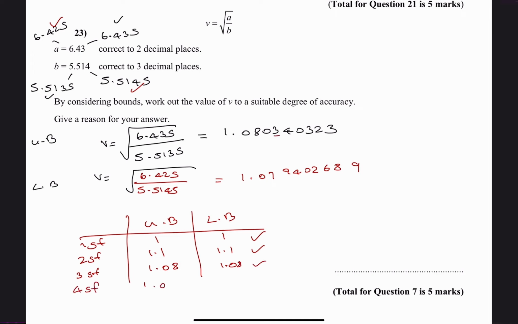You're looking at the 4, round it down, 1.079. That's wrong. So it's 1.08, correct to 3 significant figures. Good. Practice these questions, okay?